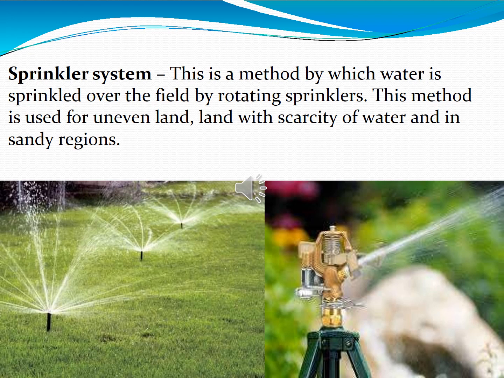The other modern method of irrigation is the sprinkler system. This is a method by which water is sprinkled over the field by rotating sprinklers. This method is used for uneven land, land with scarcity of water, and in sandy regions.